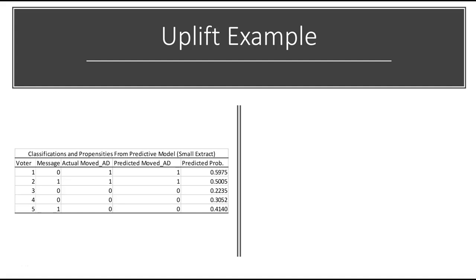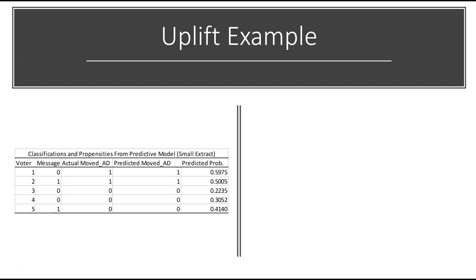Here on the left is an example of the first few lines from the output of the predictive model used to predict if someone moved to Democratic. But remember, our interest here was not just how the message did overall, nor whether we can predict the probability that a voter's opinion will move in a favorable direction. Our goal is to predict how much positive impact our message has on a specific voter.